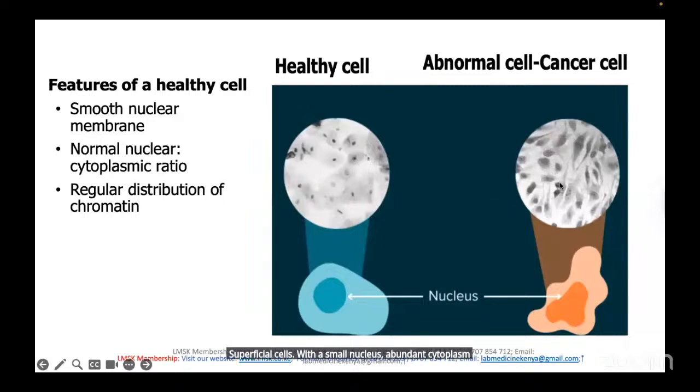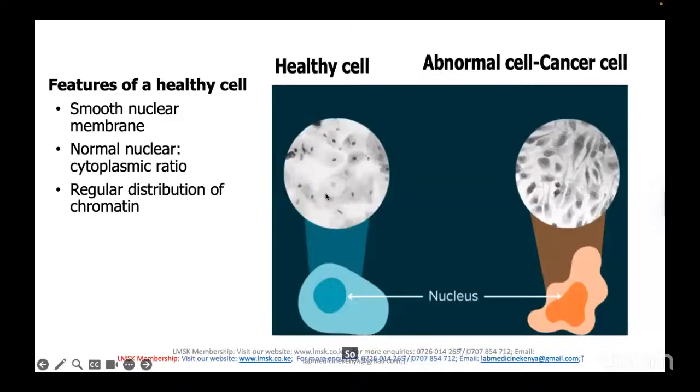When we go to the second cell, we have tadpole cells, hyperchromatic. You will just know, even if you are not a trained cytologist, that there is something wrong with such cells in relation to what we are seeing as a healthy cell.